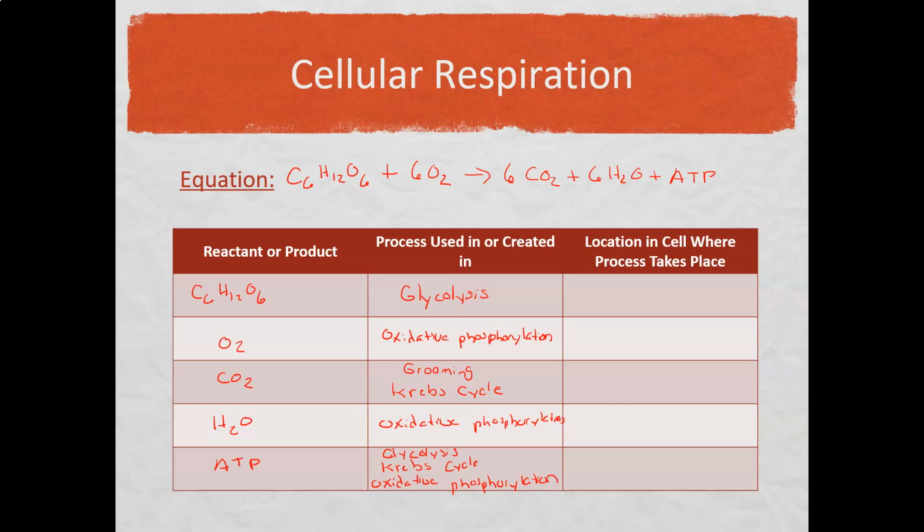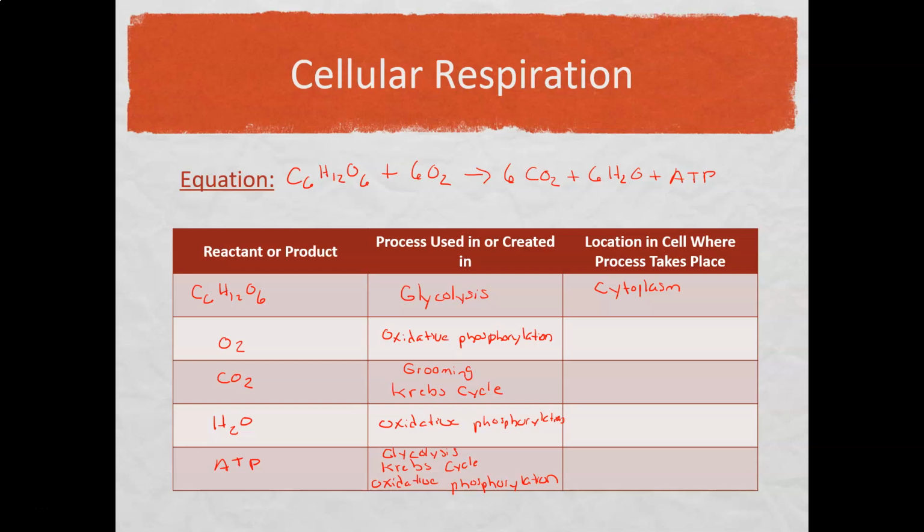All right. The final component to this then is where do these processes actually take place in your cells? So when I look at glycolysis, where does that take place? That takes place in my cytoplasm. I get to that oxidative phosphorylation and where am I actually using that oxygen?